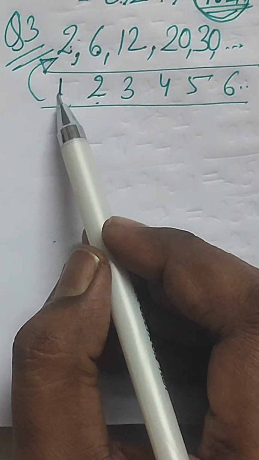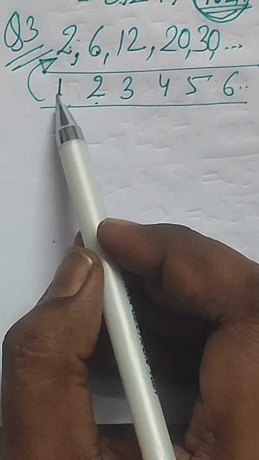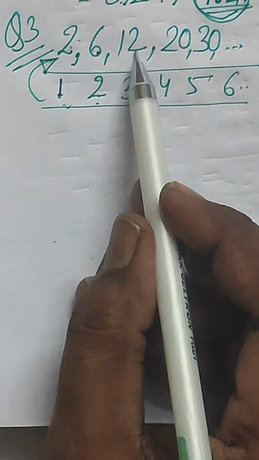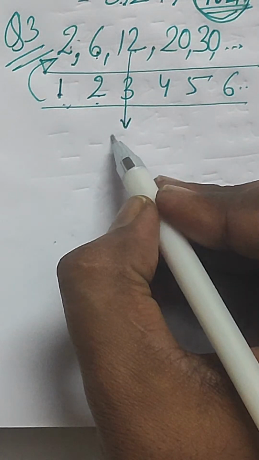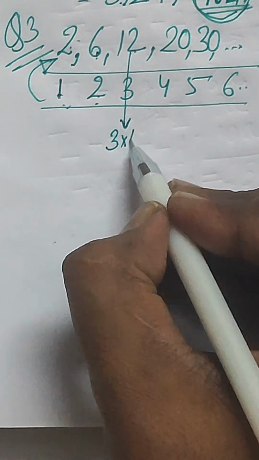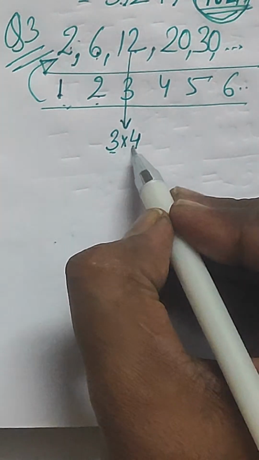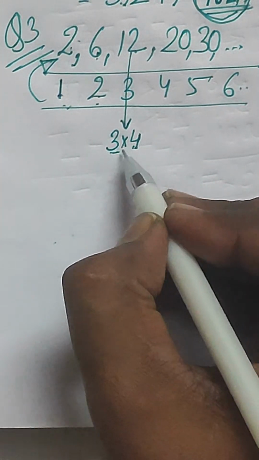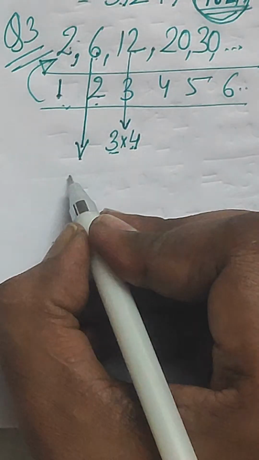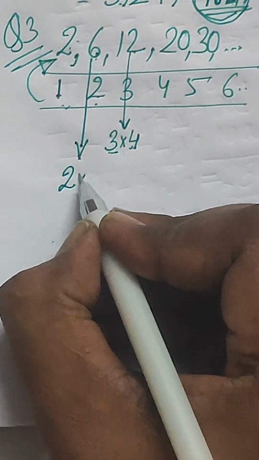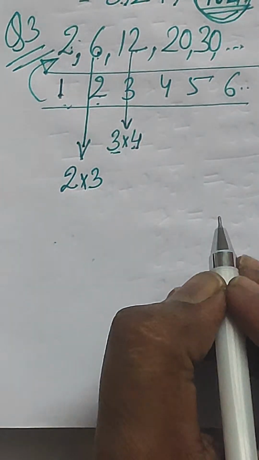Just establish a relation, right? That if this is 12, 12 is the product of 4 and 3, or the product of two successive natural numbers, 3 and 4, you can see. And 6 is the product of two successive natural numbers, that is 2 and 3, right?